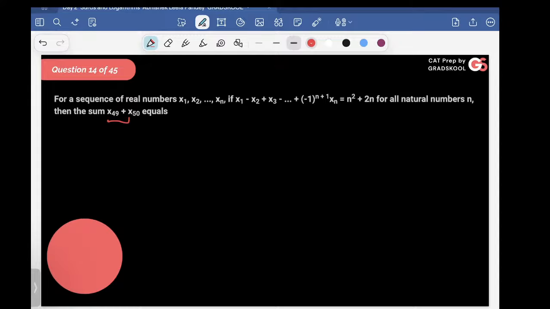Consequent terms add up to 2. Okay, cool. बहुत तरीके हैं सवाल करने के, कैसे करें? I can start with 50th term also, I can start with first term also. So let's wait, others also doing it.